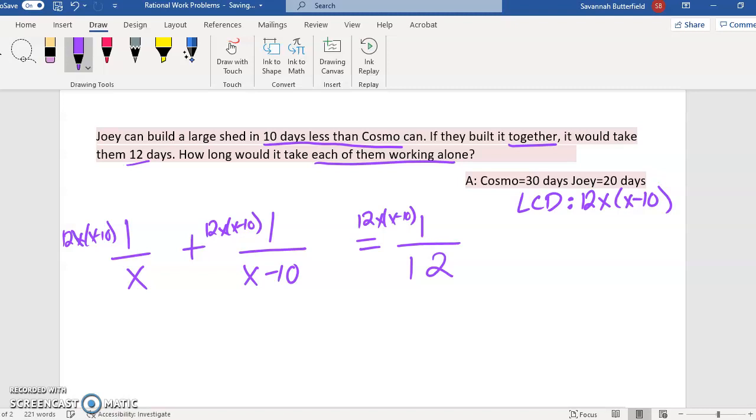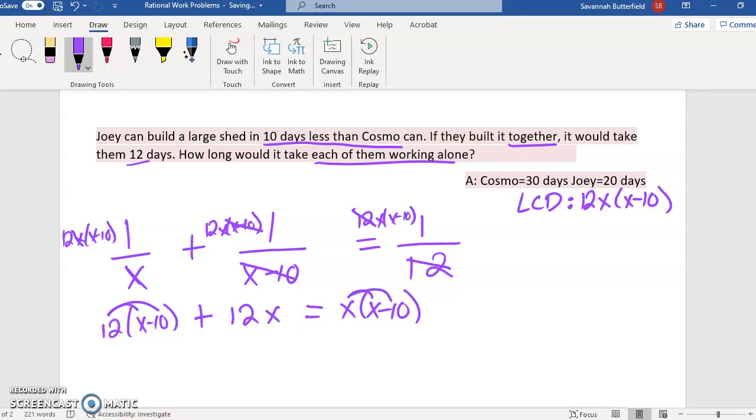On this first one, the x's cancel, so we're left with 12 times x minus 10, plus, on this one, the x minus 10's cancel, so we have just the 12x, and we're equal to, 12's cancel, x times x minus 10. So let's go ahead and distribute.